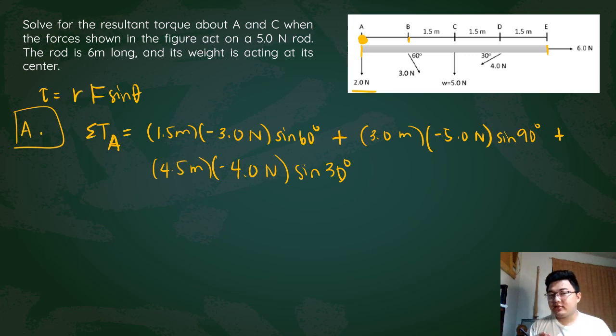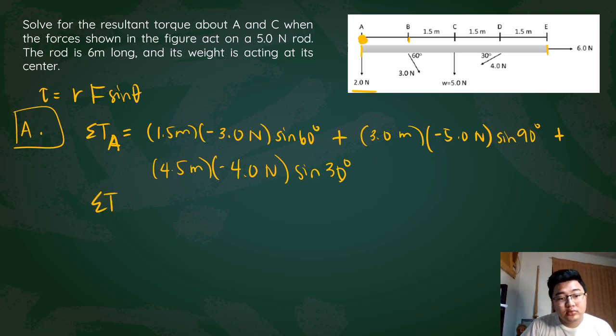Since it's parallel, the distance between the axis of rotation and the force is 0, so we can drop the torque at point E and proceed with calculating our total torque for point A.